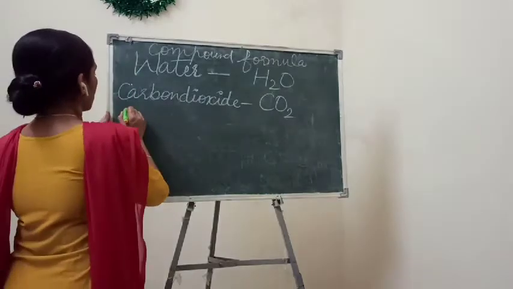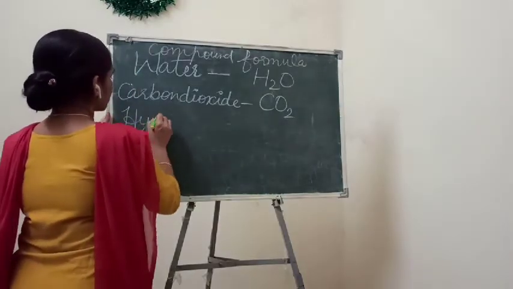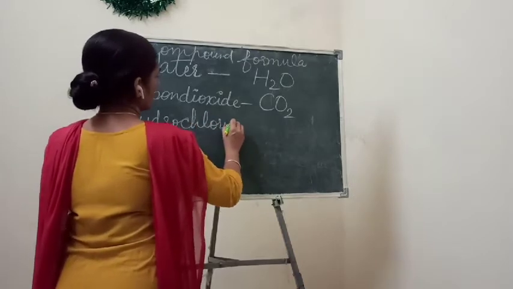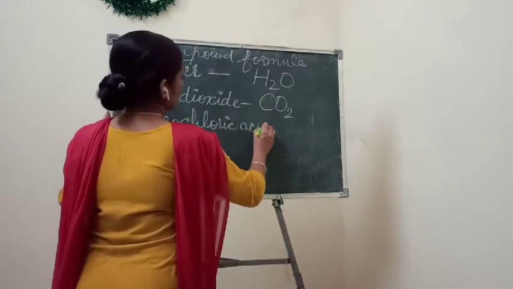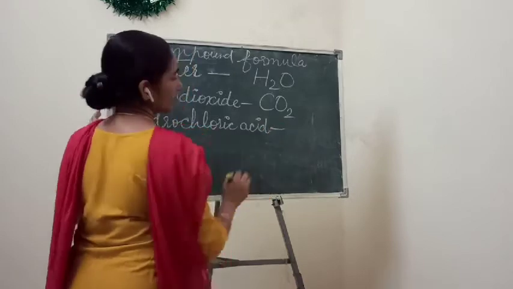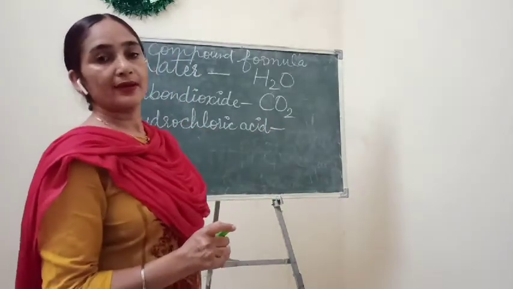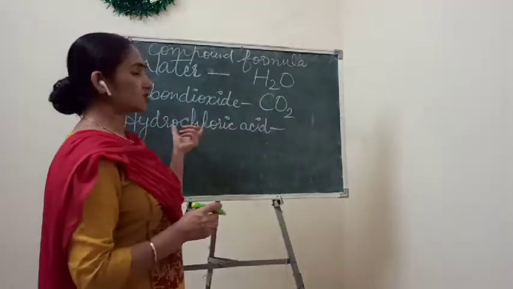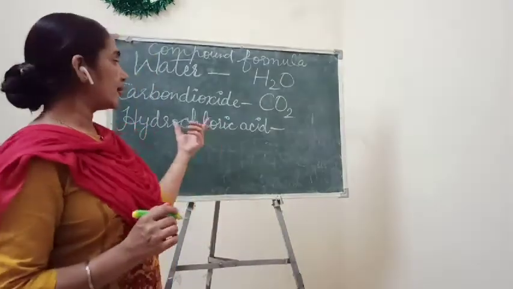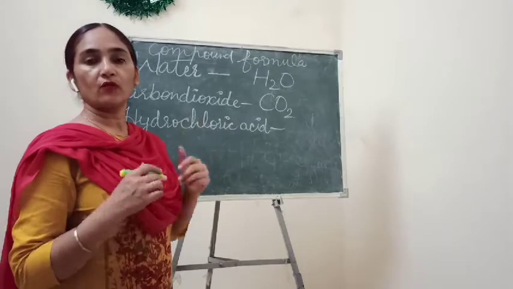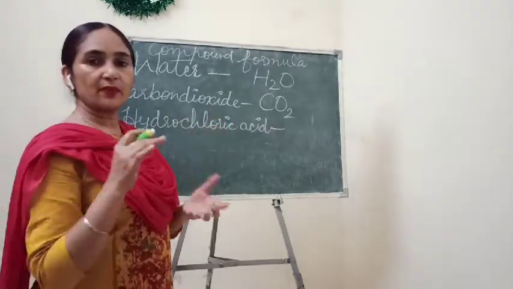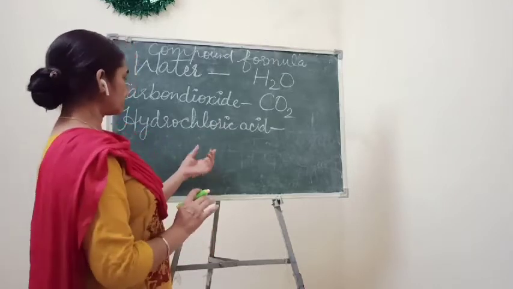If we talk about hydrochloric acid, which you have studied in chapter number 2 in the digestive system of human beings, you know that this is the strongest acid and it is secreted from the wall of our stomach, to digest germs which are present in the food.